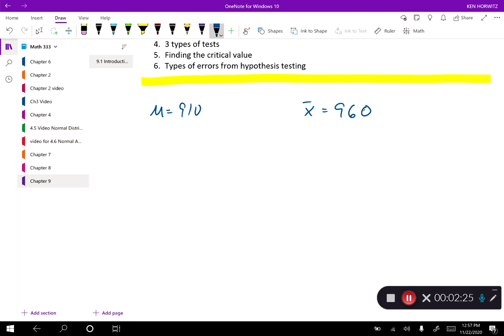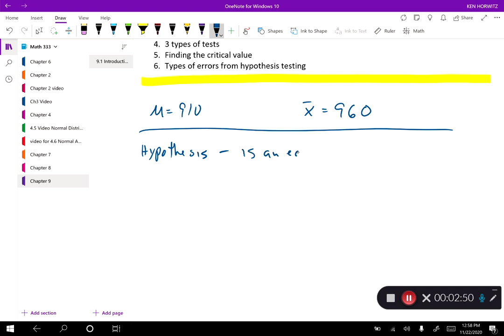First let's discuss what is a hypothesis. A hypothesis, you might have heard this before, is an educated guess, and we'll relate it to statistics.